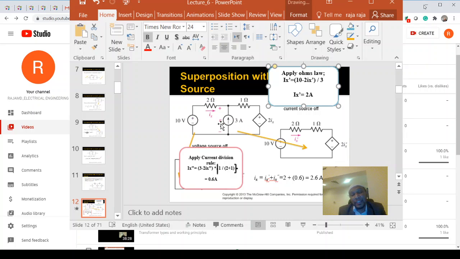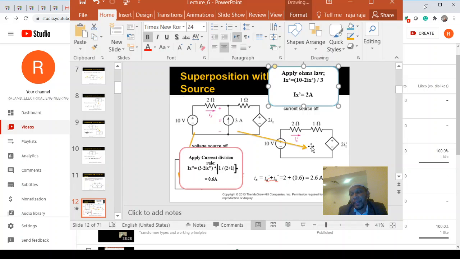So in the first case, I switch off my independent current source, which I know is open circuit. I open it and keep the original circuit after that. This is case 1. I remove this independent current source by open circuit. I keep the dependent source as it is, and my other voltage source and the resistance.